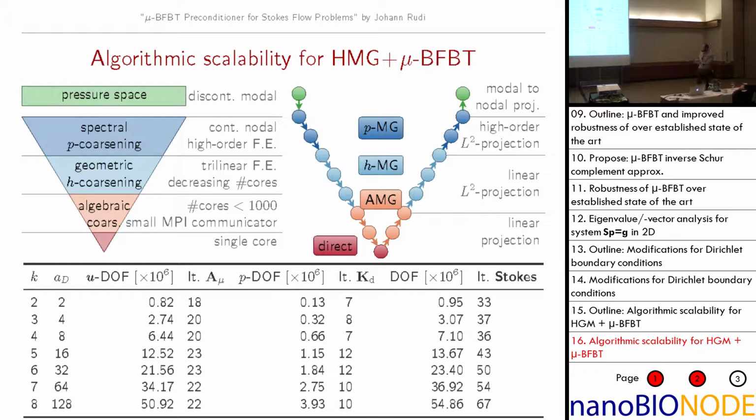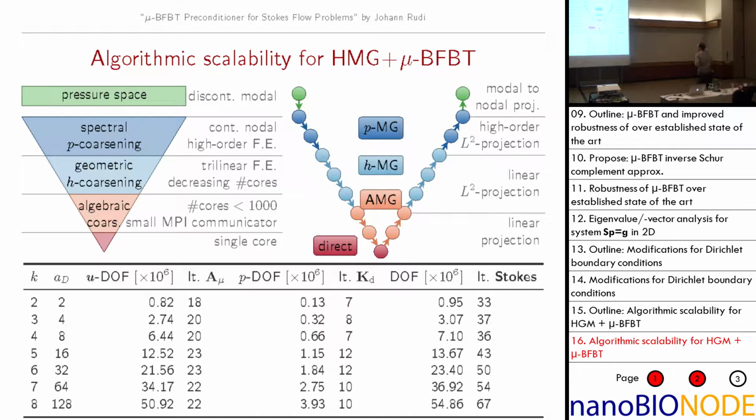And one thing maybe I forgot to mention, that in this pressure space, which is discontinuous and modal, there's an additional smoothing step and a rediscretization step onto continuous nodal finite elements. And that's what makes the multigrid V cycle work, because going through this discontinuous pressure space and coarsening that one, we had difficulties with convergence.